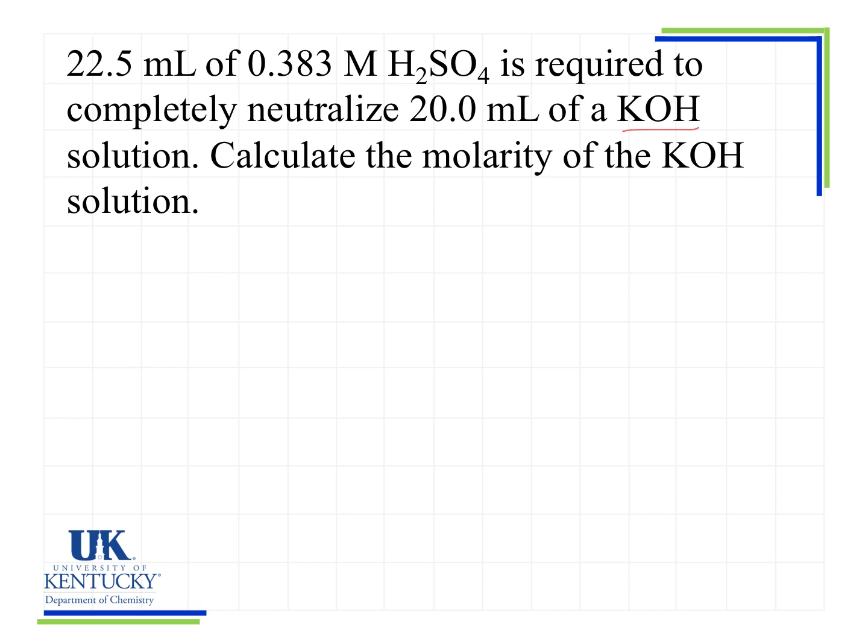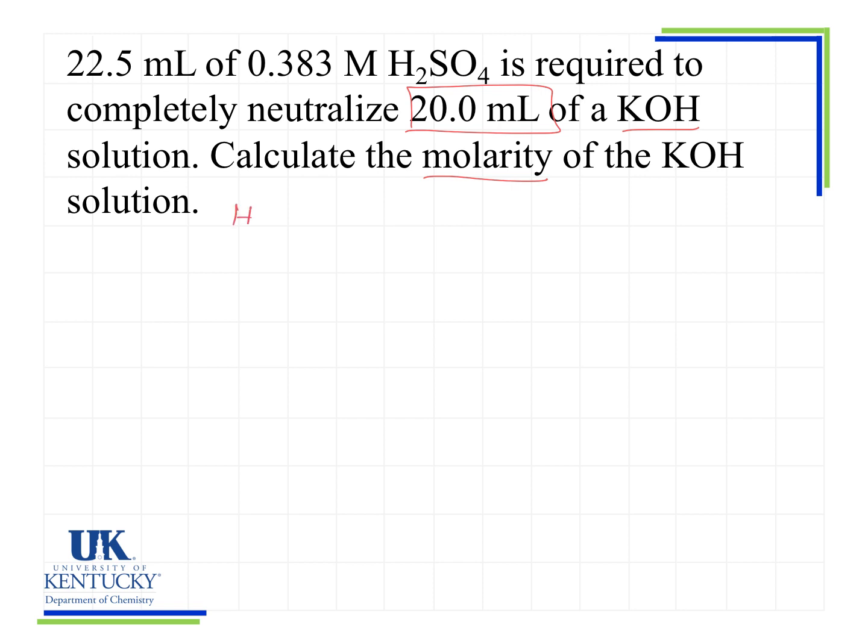And it's asking for the molarity of KOH. To find the molarity, we need the moles of KOH over the volume of the KOH, right? So we have the volume of the KOH, so we have to find the mole of KOH first to find the molarity, okay? So the first step is always writing the balanced chemical equation, right?